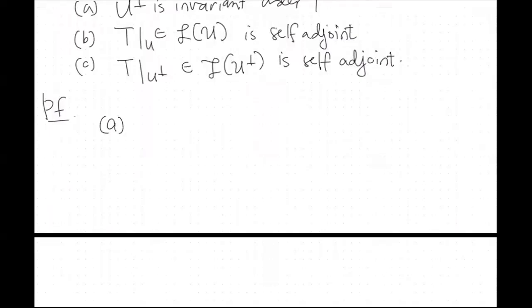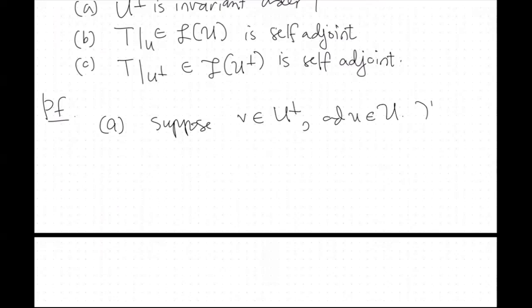So suppose we get a vector v in U perp, and then u in our U. Then the inner product of T v and u is just v, T u. This is being self-adjoint.